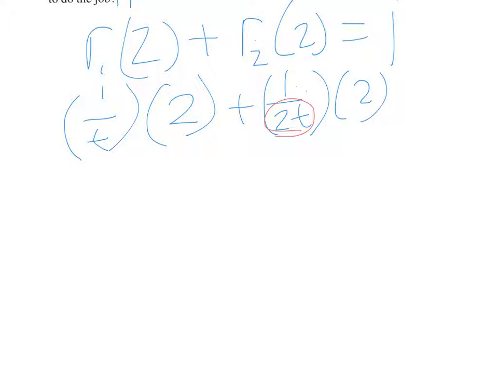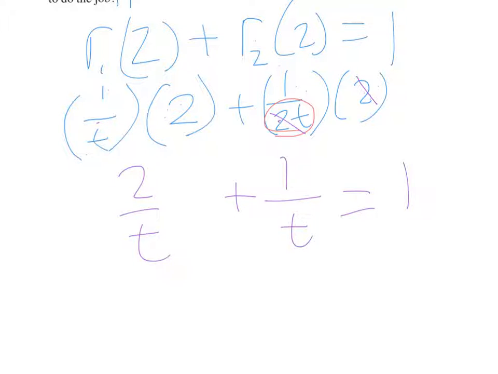So now if you multiply the 2's for the time by the rates, you'd have 2 times 1 over 2t. The 2's would cancel out, so you'd have 1 over t, plus 1 over t times 2 would be 2 over t, and that equals 1.